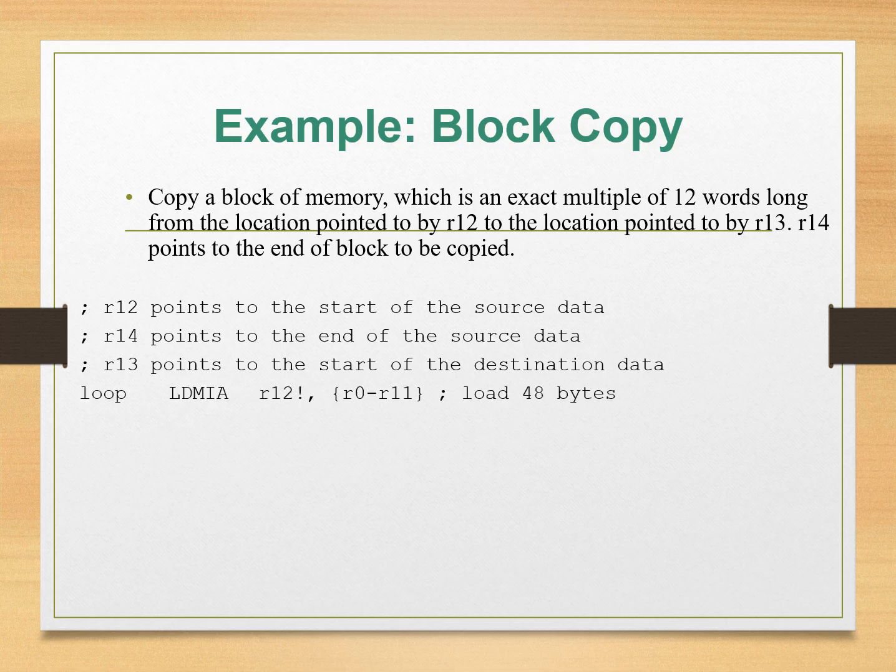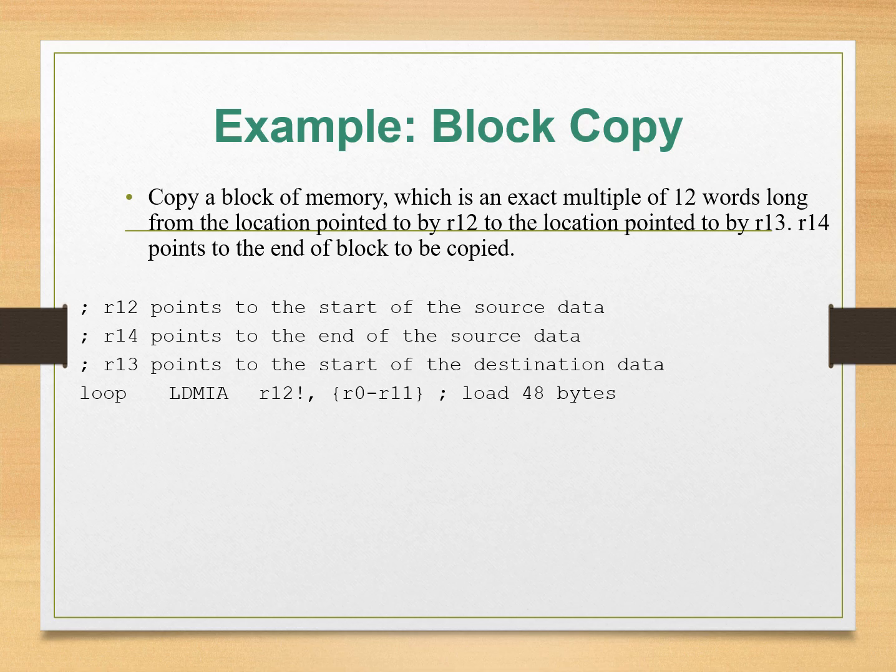Okay, you have a loop. You load from the location pointed to by R12, into R0 until R11. So you are loading 48 bytes.